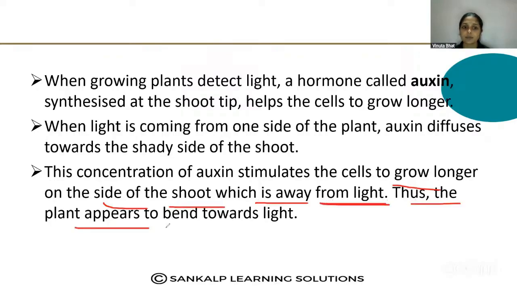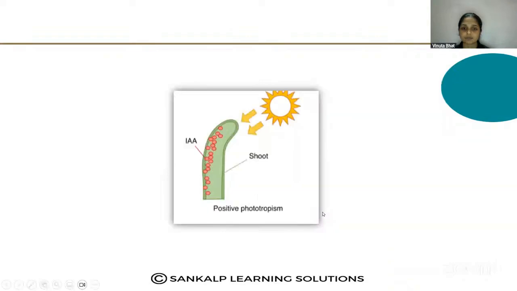Thus, the plant appears bent towards the light. So this is how the plant appears when it synthesizes auxin.